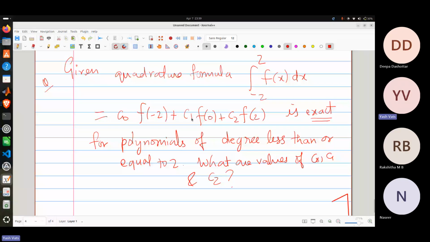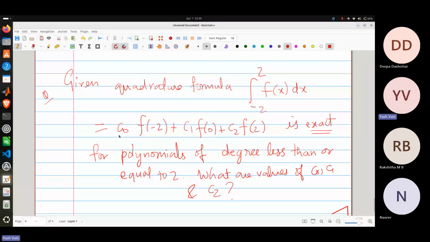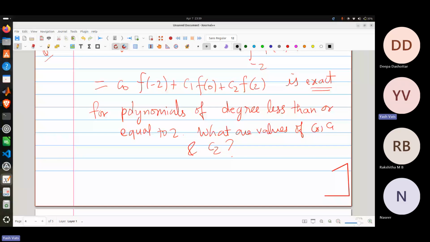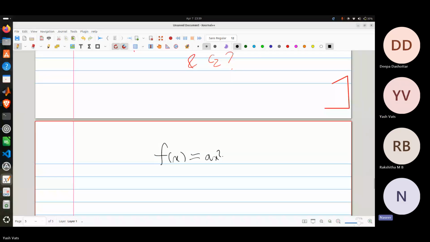Okay, have you done this? What are the values you are getting? Okay, so this is the integral from minus 2 to 2 of f(x) dx, and you have polynomials. So f(x) is given as ax squared plus bx plus c.